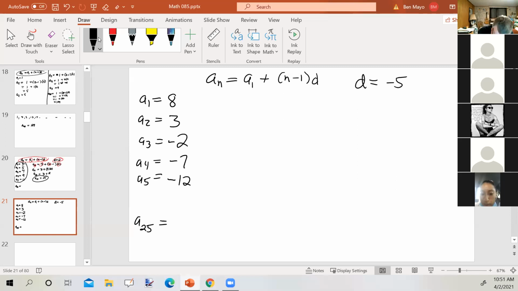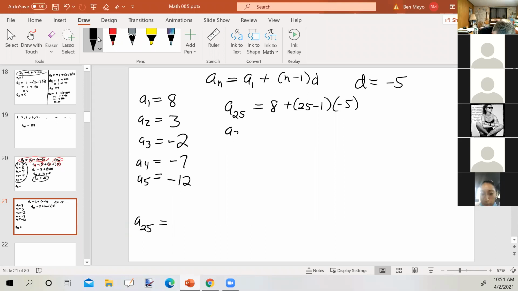So, a sub 25 is a sub 1, which is 8, plus n minus 1, which is 25 minus 1, times d, which is -5. So again, do you see where I'm getting all those numbers to plug into the formula?